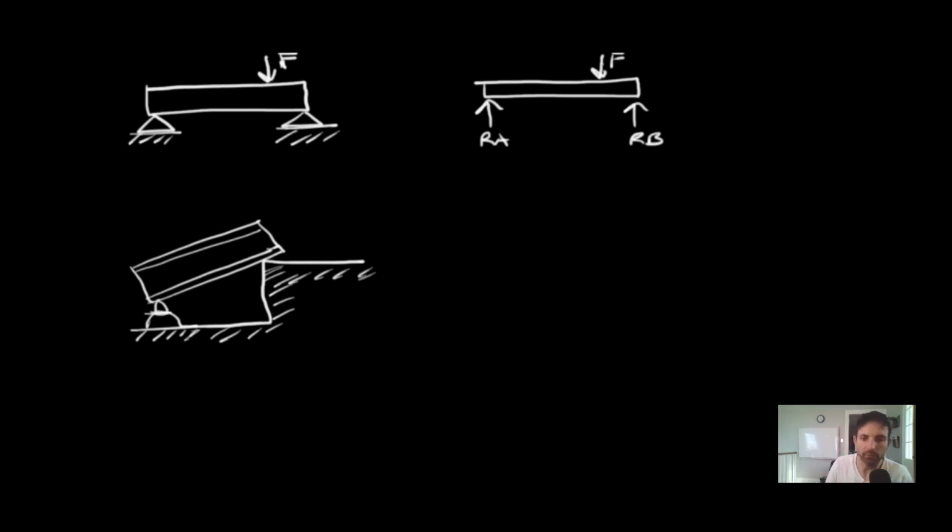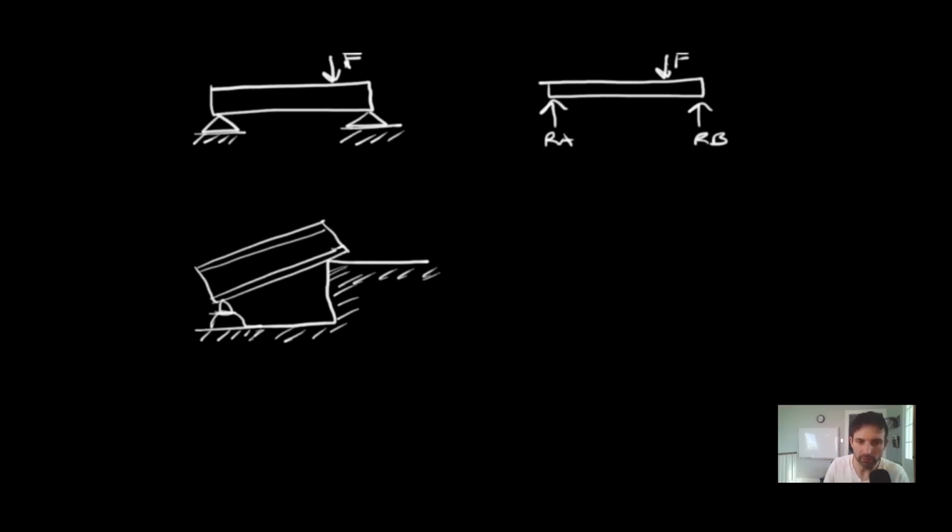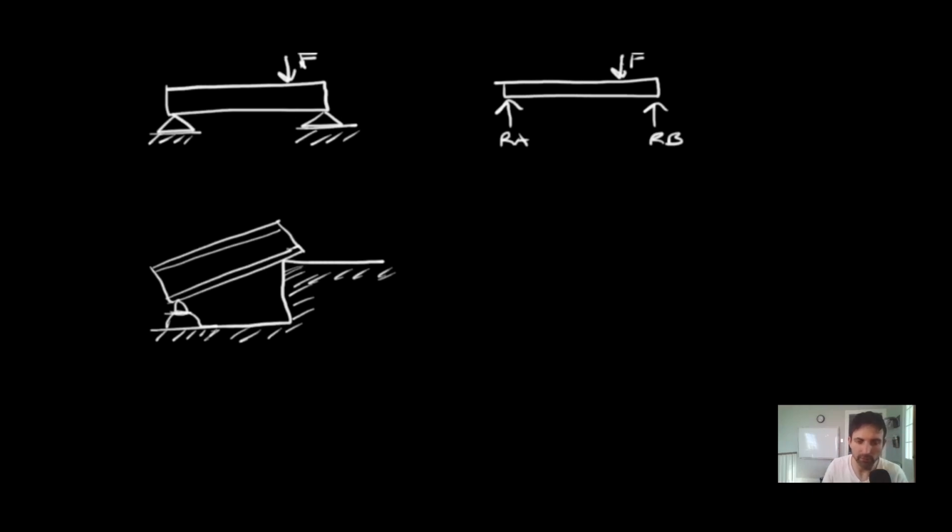Okay, so we're going to draw the free body diagram of this. We'll just draw this simple square here, and this will be our mount. On our mount, we're going to have a reaction in this direction.